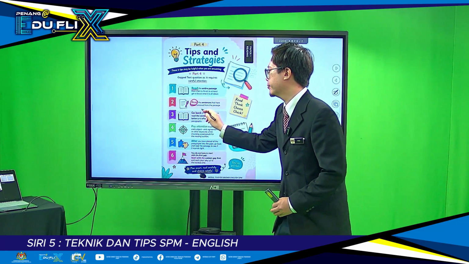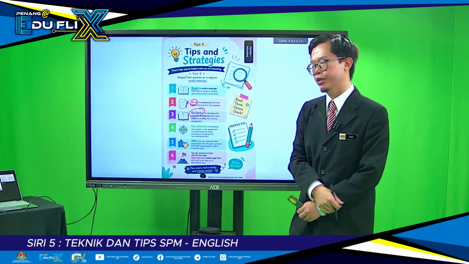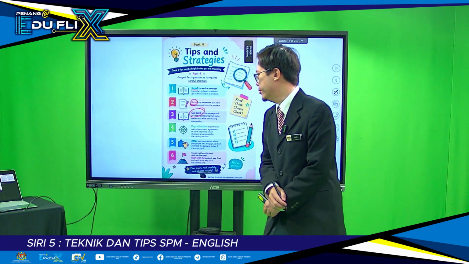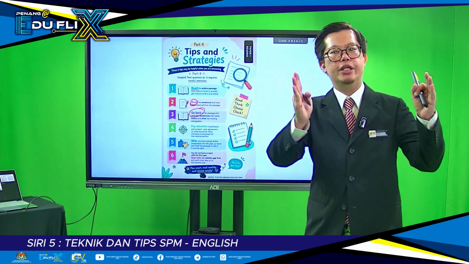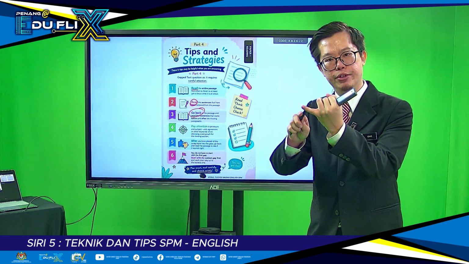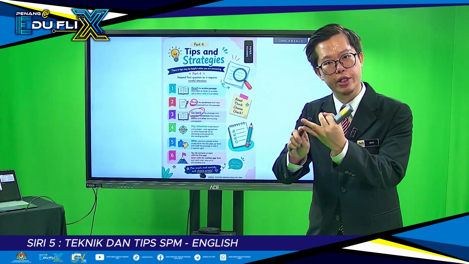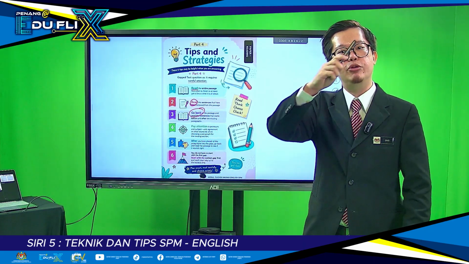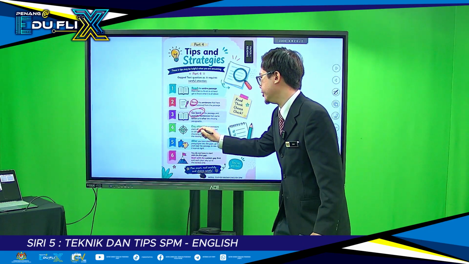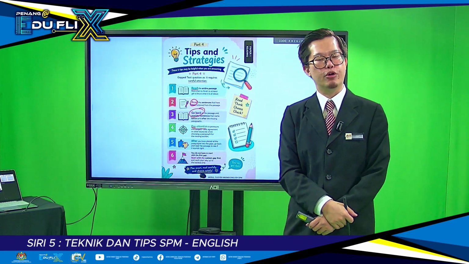After that, please go back to the passage and reread the sentences that come before and after the missing paragraphs. Usually there could be synonyms or repeated words that show the link between before and after. Next, please pay attention to pronouns.